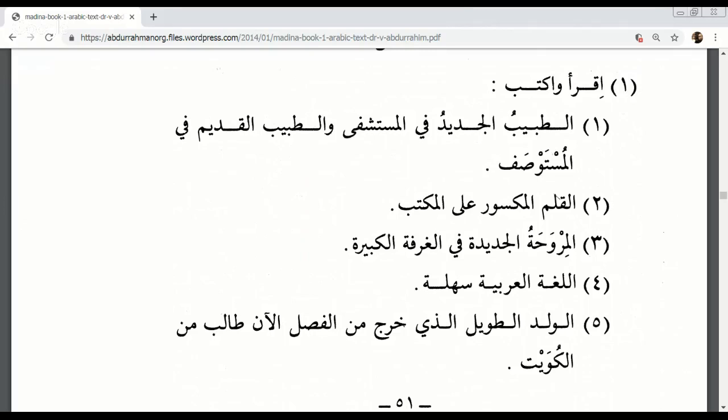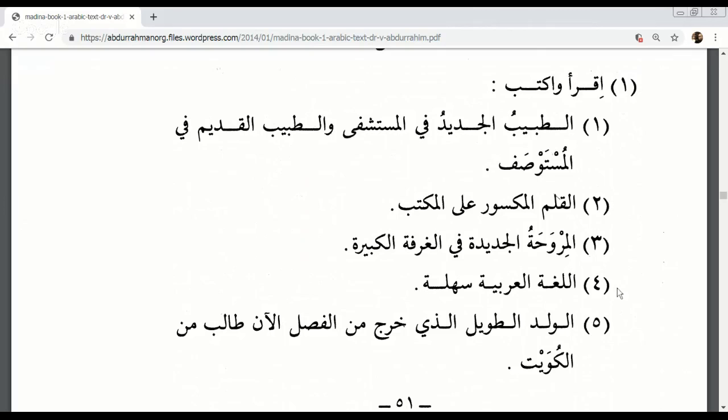So if الغرفة has a kasra, its adjective also has a kasra. الكبيرة. Okay. So المروحة means the fan. So the new fan is in the big room. Okay, good. Go ahead, Zara.